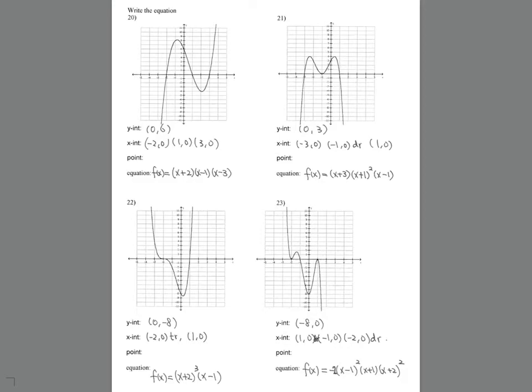If there's an a, the vertical stretch or compression factor or reflection. Number 21. So for this particular case, again, the y-intercept we have -3, -1, +1, with -1 as a double root.